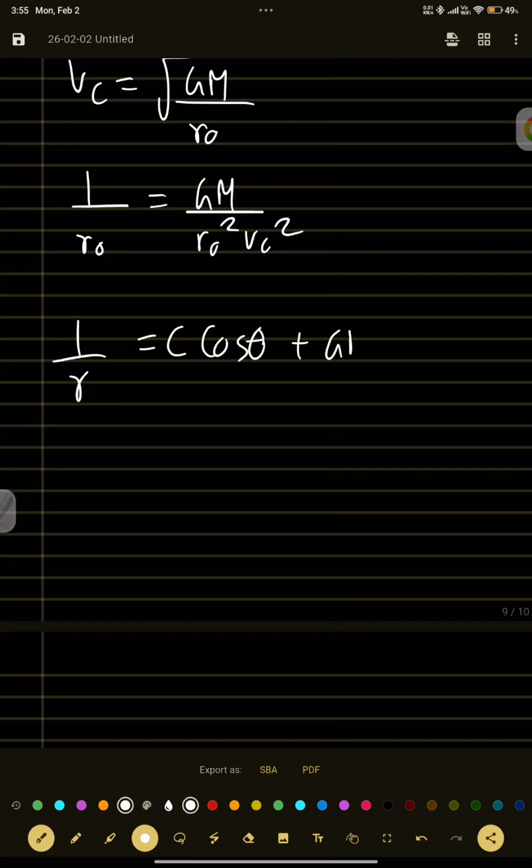Now at theta equal to 0, I told you that this will become R maximum, but if you did not know, you would have treated this as R minimum. So at theta equal to 0, you would take R as R naught, and you would have written this as 1 by R naught. Which side is this? This is the left hand side.